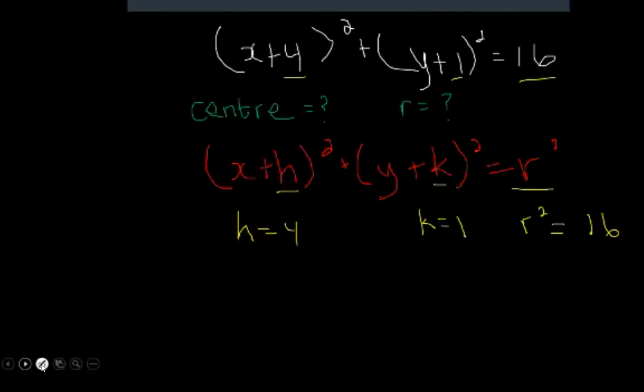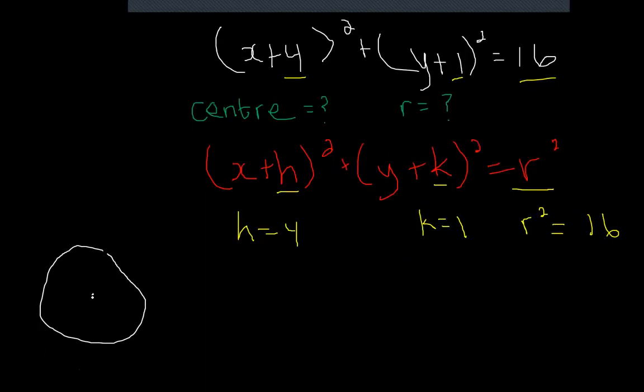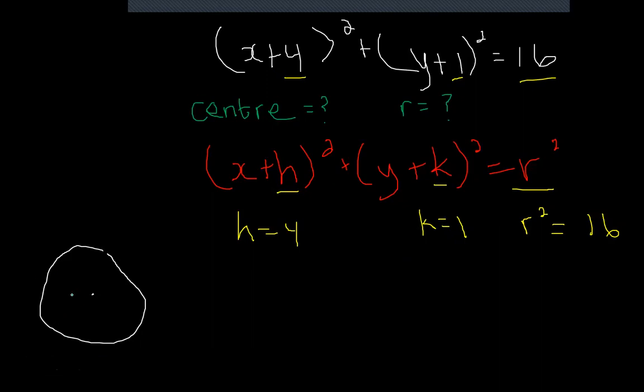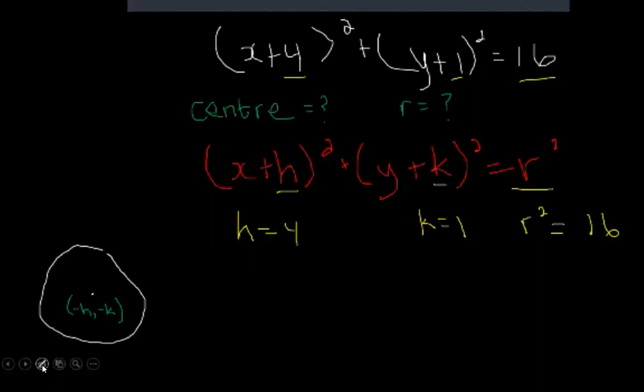But what I need you to remember, the coordinates of the center is (-h, -k). What does that mean? If we want the center, we want -h and -k. But right now we have h and we have k.